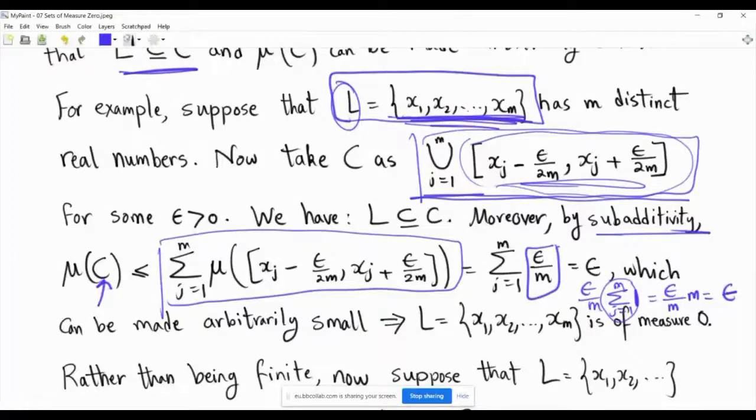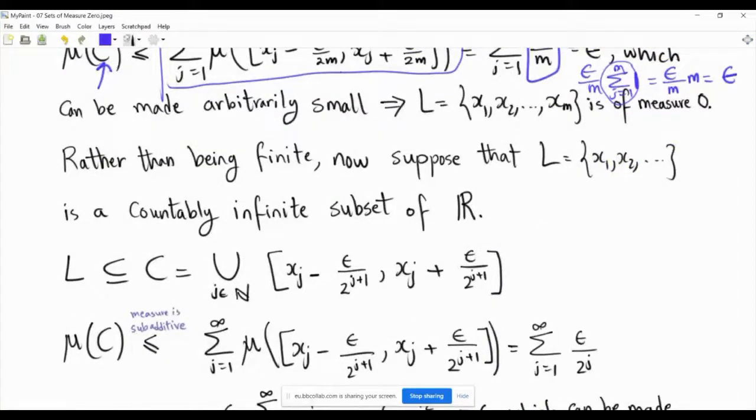You can make epsilon as small as you wish. So L is a set of measure 0 because L can be covered by a set that can be made arbitrarily small in measure. So all sets that contain a finite number of points are sets of measure 0.